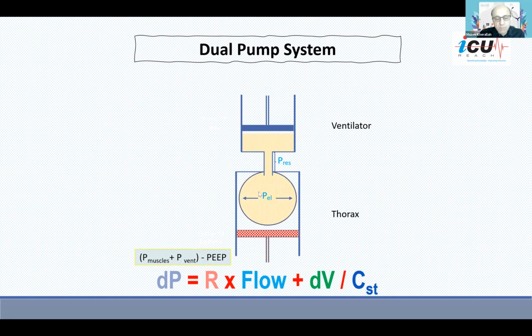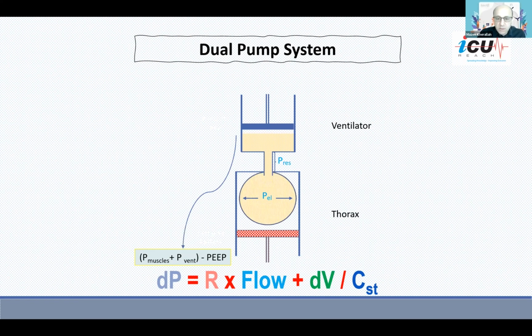And you need to remember that the change in the pressure is actually the combination of the pressure generated by the respiratory muscles plus the pressure generated by the machine. Of course, change of the pressure meaning the combination of this, the muscular pressure plus the ventilator pressure minus whatever is in the system, which is at end expiration, which is the PEEP.